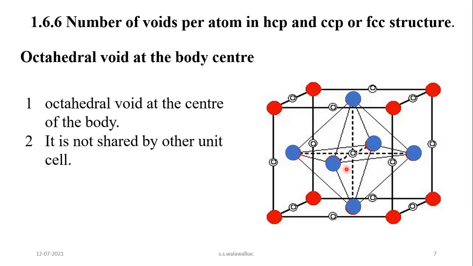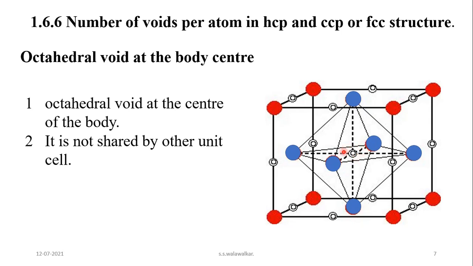If you join these 4 face centered atoms and the face centered atom at the top face and the face centered atom at the bottom face, then we get what? An octahedron.